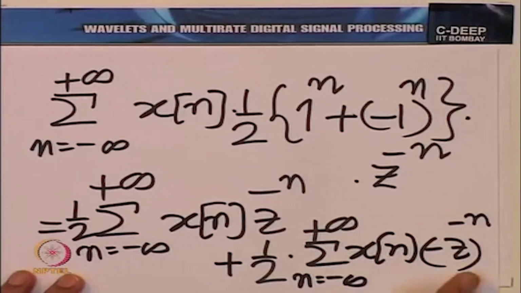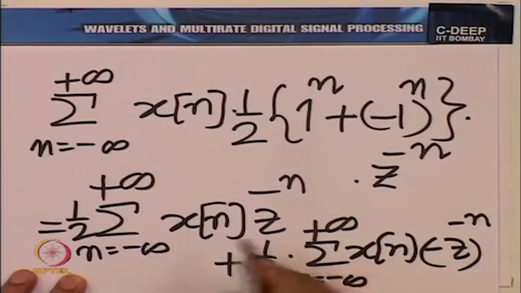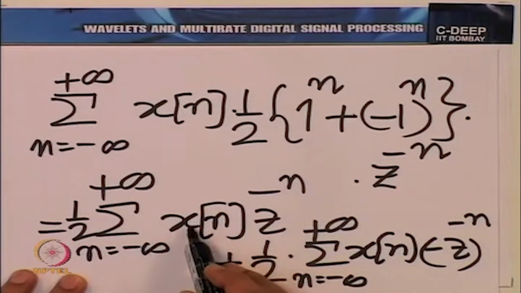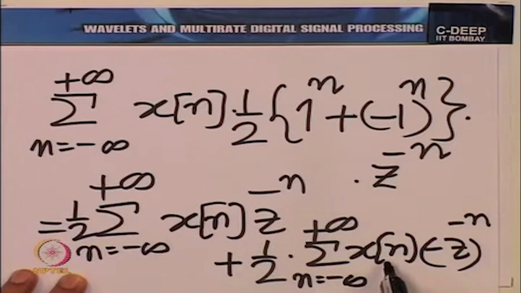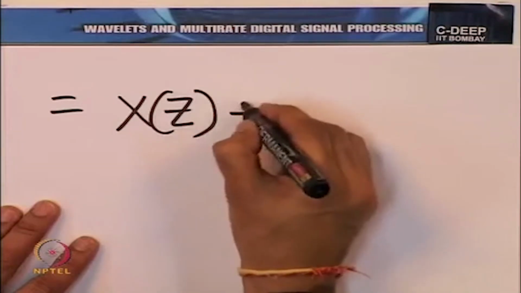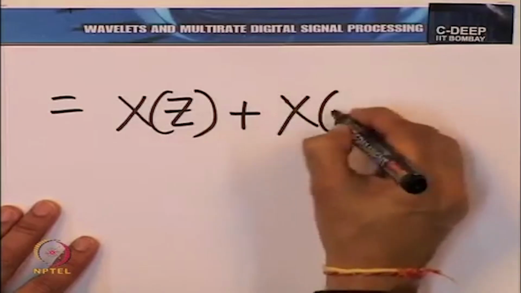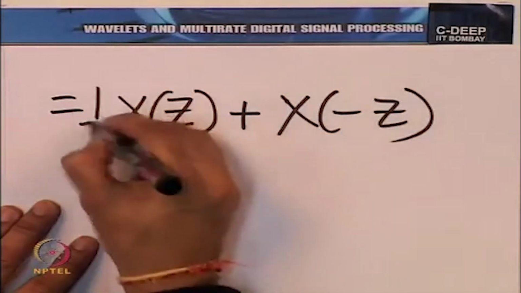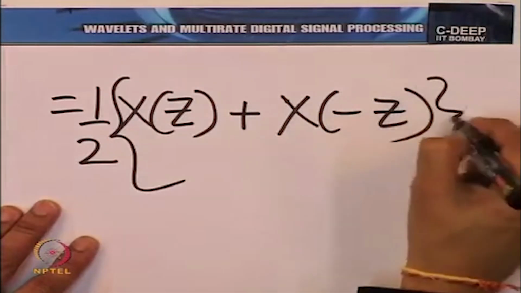So, we have done our job. Indeed, these are very familiar expressions. This is just the z transform of x and this is the z transform of x with z replaced by minus z. So, this is essentially equal to capital X evaluated at z plus capital X evaluated at minus z, multiplied by half.